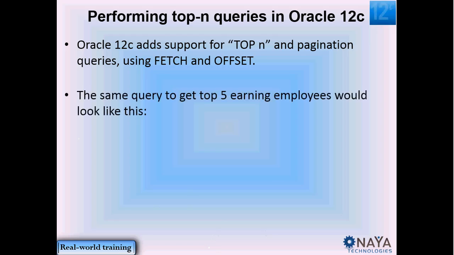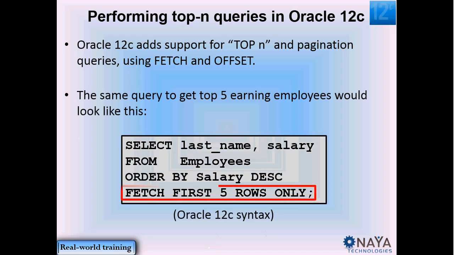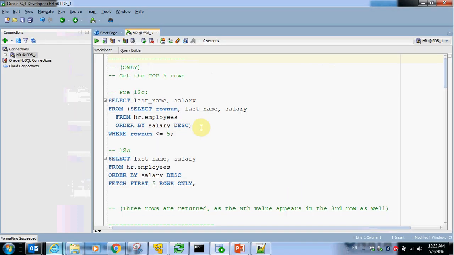Oracle introduces a new clause in the select statement, the fetch clause. So you use the select from an order by in the regular fashion and simply add FETCH FIRST 5 ROWS ONLY. This would retrieve the first 5 earning employees. Let's take a look at SQL Developer to see how this is actually executed.